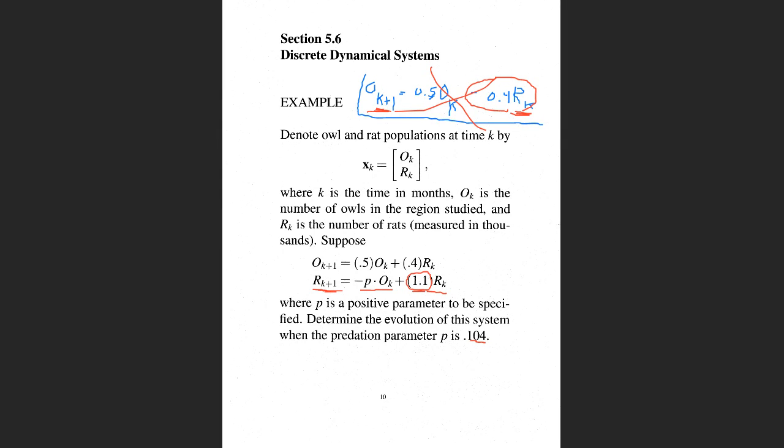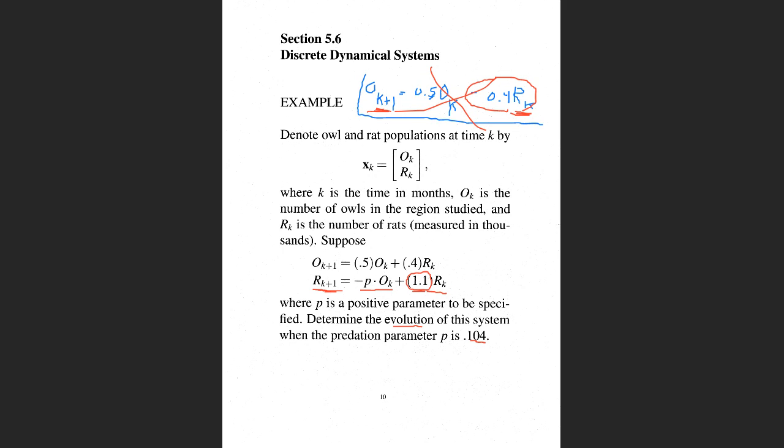So, what we want to do is study the evolution of this system. We want to know what's going to happen eventually to the populations of owls and rats. This is a very simple model, but let's say these are a certain breed of spotted owls.